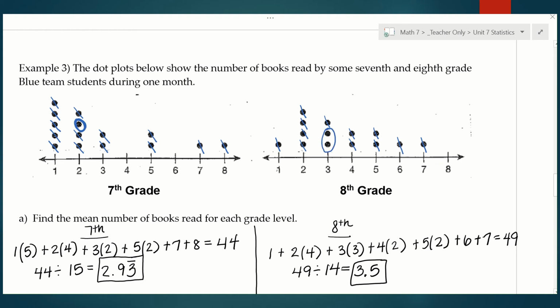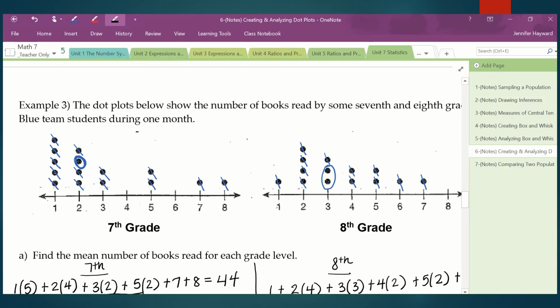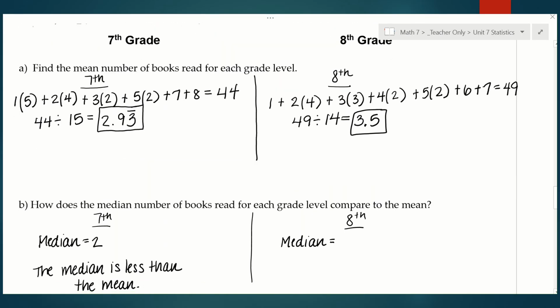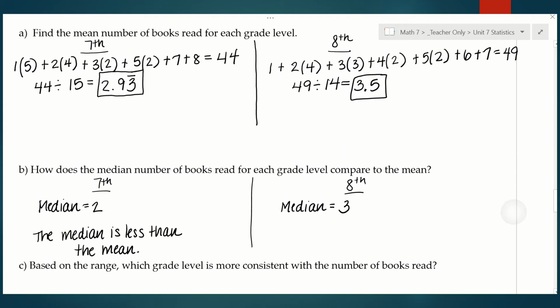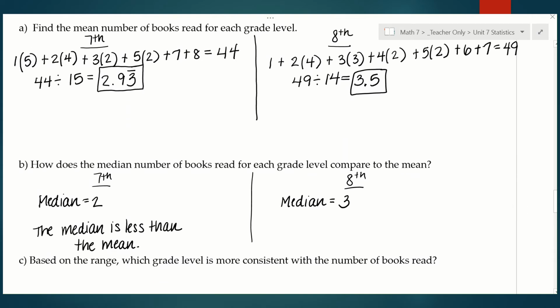Okay, so I'm getting that there are 2 in the middle, which makes sense because there was an even number of dots for 8th grade. But since they're both 3, it means that our median will be 3. Okay, so how does that compare to the mean? Again, the median is less.